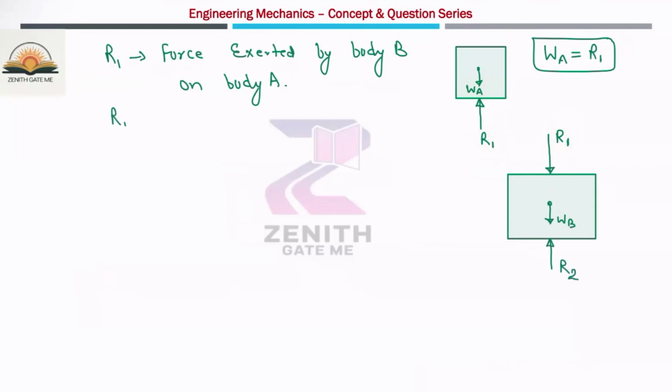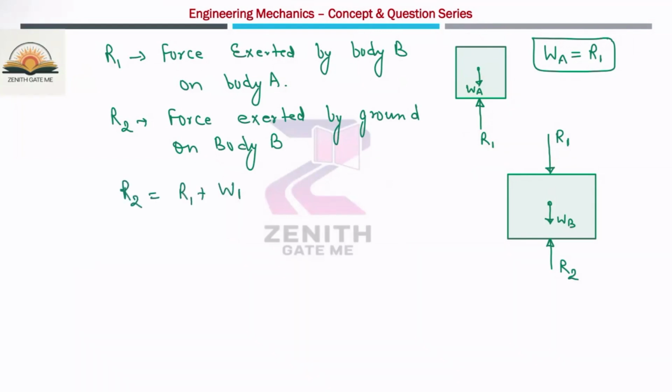And what is R2 here? R2 is nothing but the force exerted by the ground on body B. Now, can I write R2 is equal to R1 plus WB? And R1 you already know is WA. That means the total reaction offered by the ground on block B is equal to the total weight, that is, the weight of block A and the weight of block B.